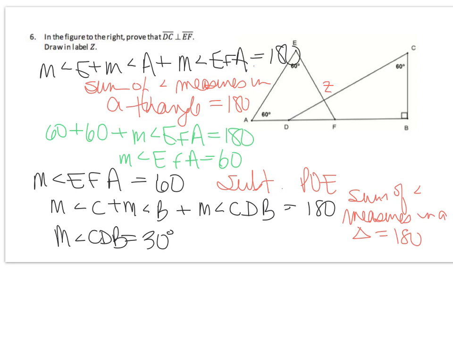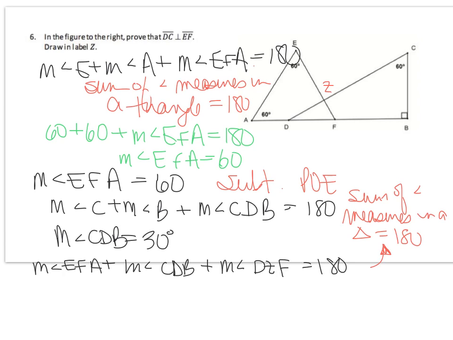So we know that the measure of angle EFA plus the measure of angle CDB plus the measure of angle DZF equals 180. And it is the same reasoning there.